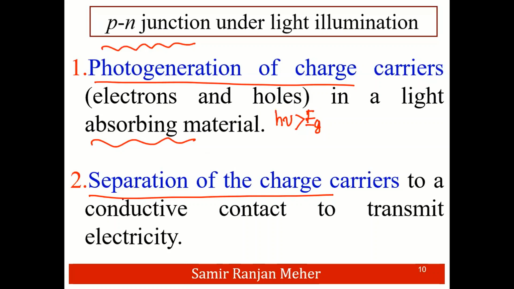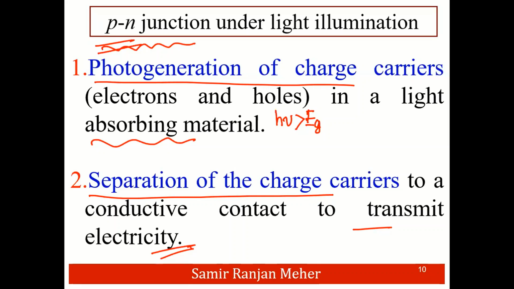So our next target is to effectively separate the electron hole pairs without allowing them to recombine with the help of a PN junction, because all of us know that the PN junction provides a built-in potential, and with the help of this built-in potential, we separate the charge carriers to the extent possible and allow them to go through the back and the top contact so that we can get the output voltage.